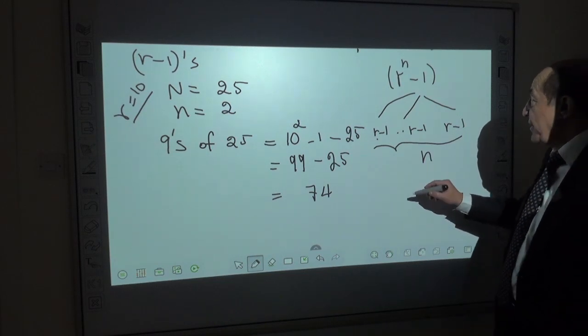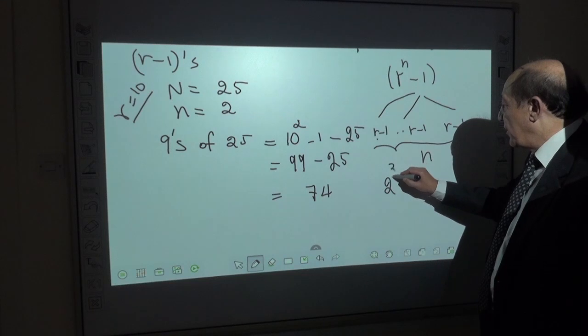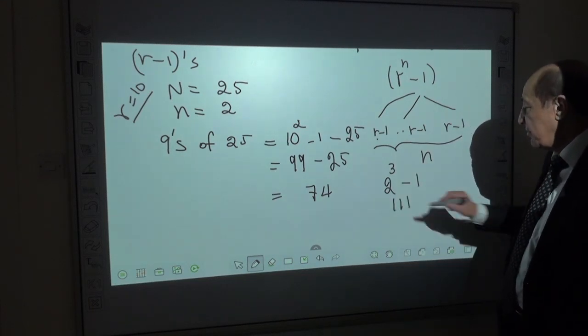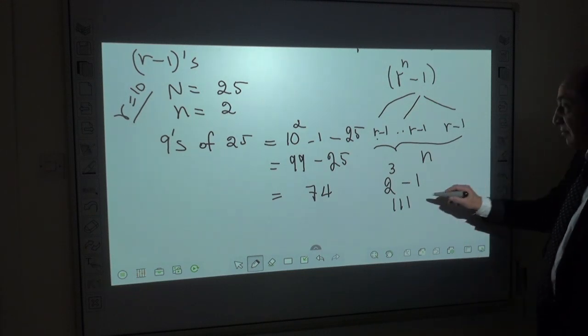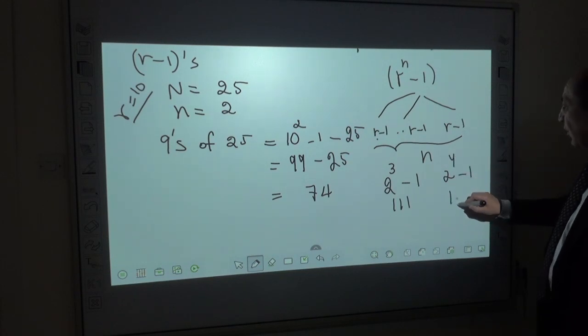For example, in binary, 2 to the power 3 minus 1 is 3 ones. And 2 to the power 4 minus 1 is 4 ones.